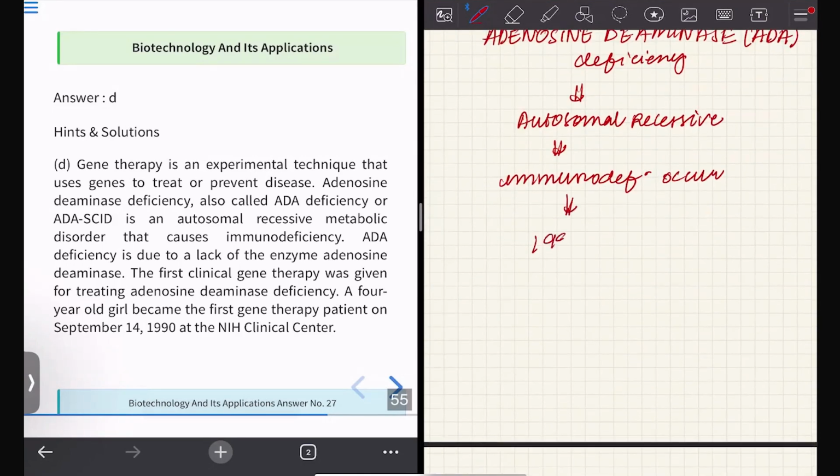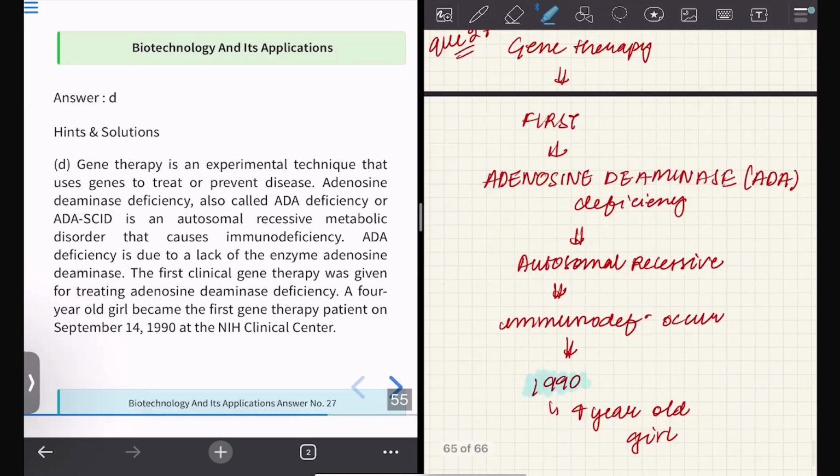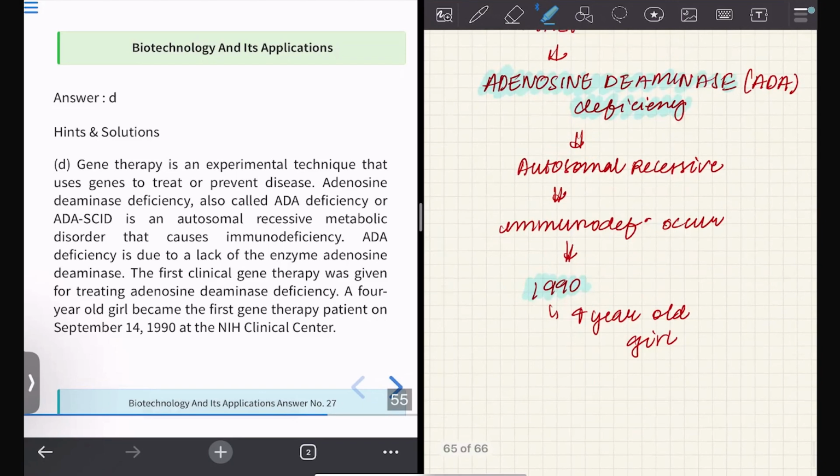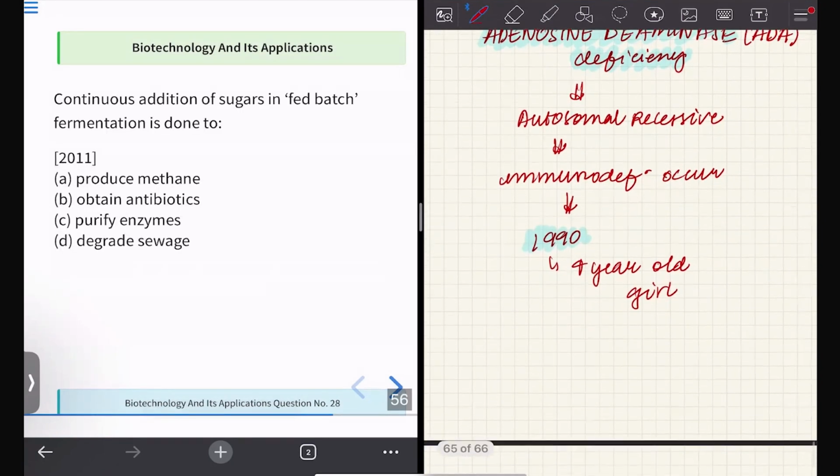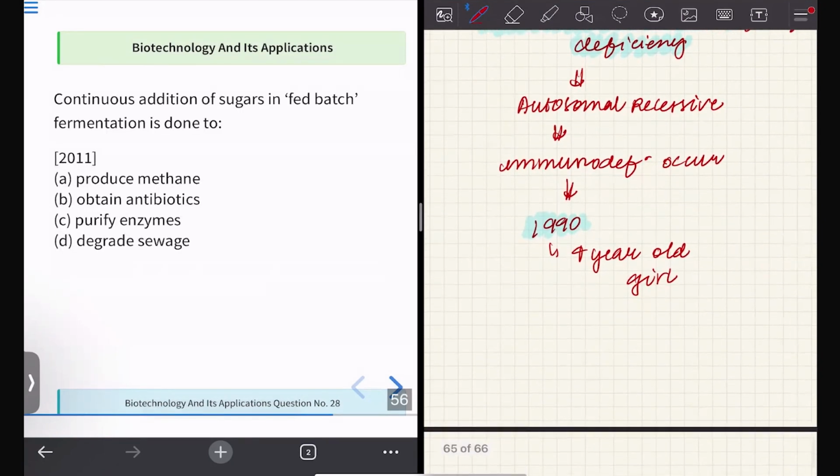It was given in 1990 to a 4-year-old girl. So this right here is important. The year you need to memorize is 1990. Adenosine deaminase deficiency. Okay, what does it cause? It causes immunodeficiency.